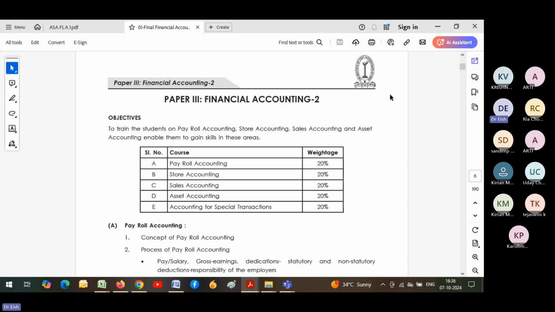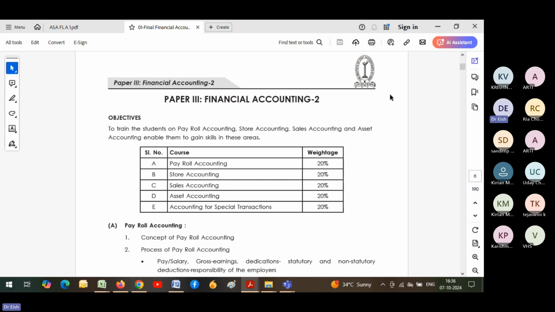Actually, the system is that ICWA or ICMA is the doctor exam, but the CAT of ICWA or ICMA is a foundation exam, a compounder exam, or the helper exam. Suppose you clear the CAT exam, you are eligible to be an accountant and to be absorbed as an accountant in any company you desire.